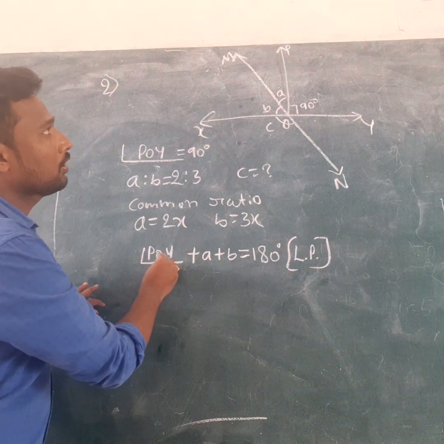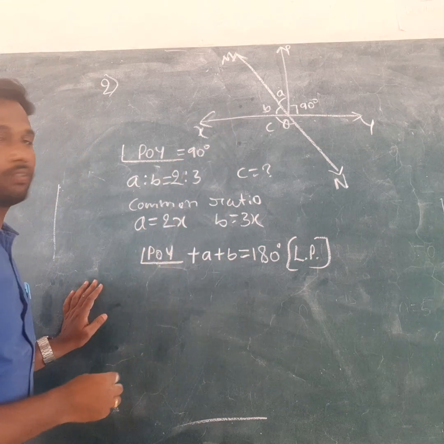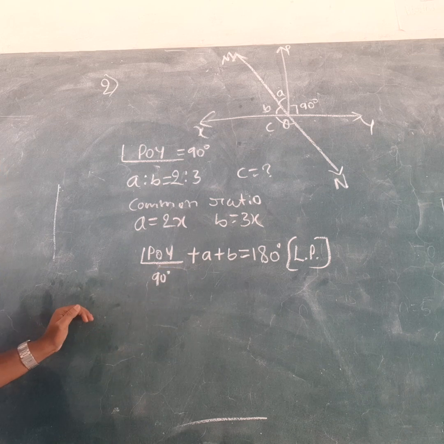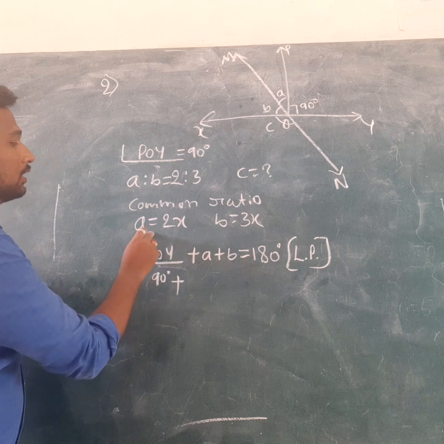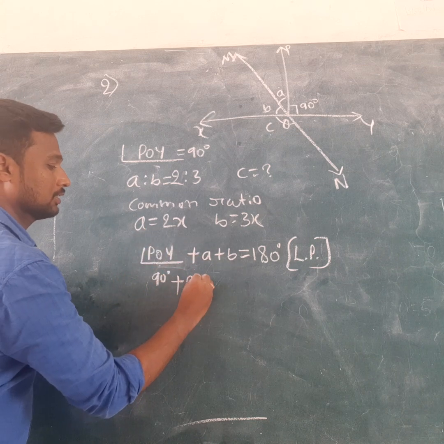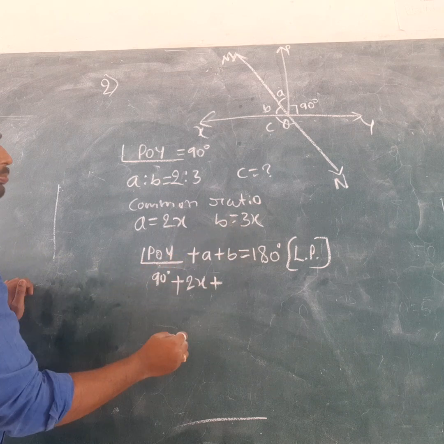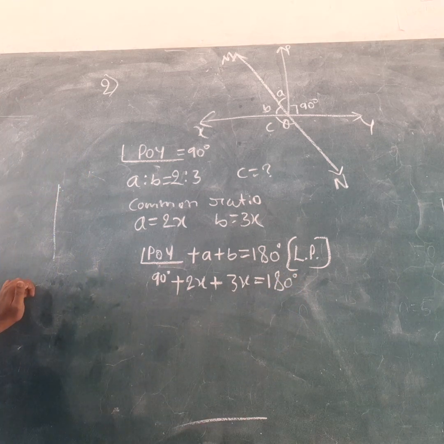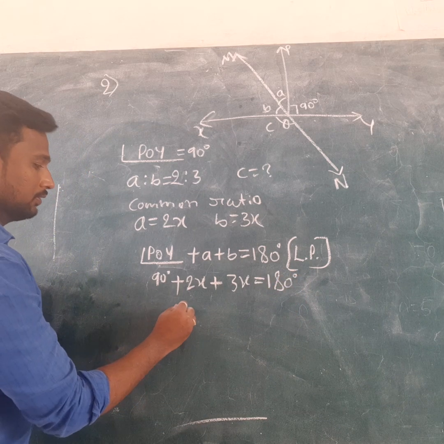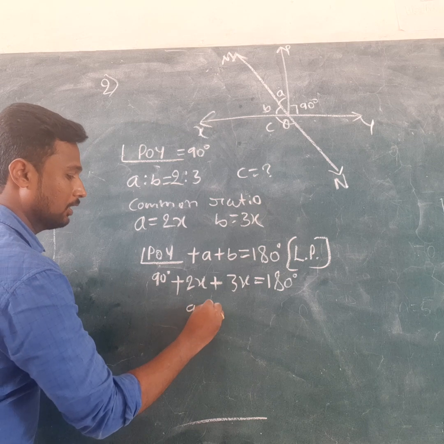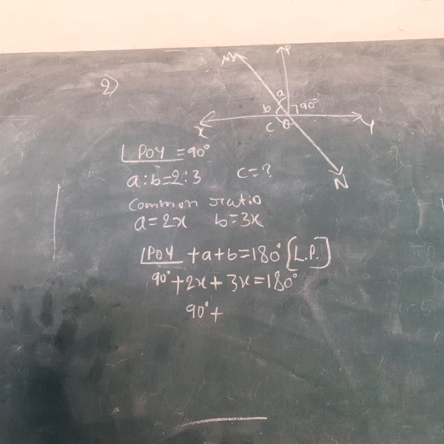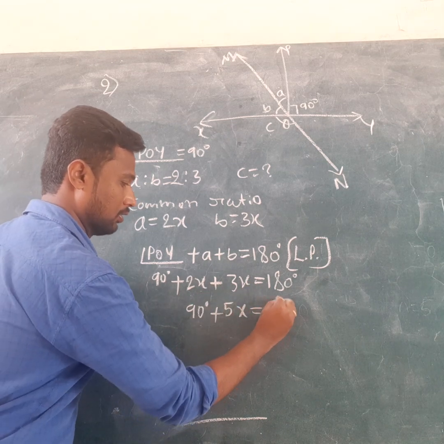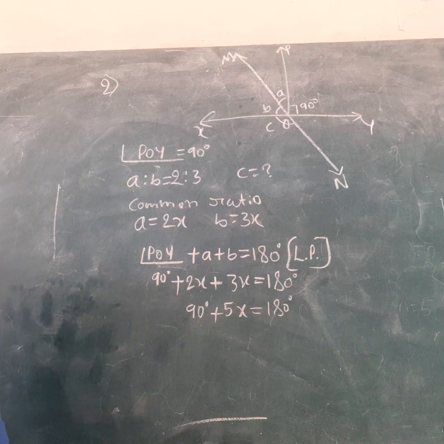Okay. Already we know they have given angle POY. What is angle POY? 90 degrees. Next, angle A means 2x plus angle B means 3x is equal to 180 degrees. So here, 90 degrees plus 2x plus 3x means 5x. 2 plus 3, 5x is equal to 180 degrees.